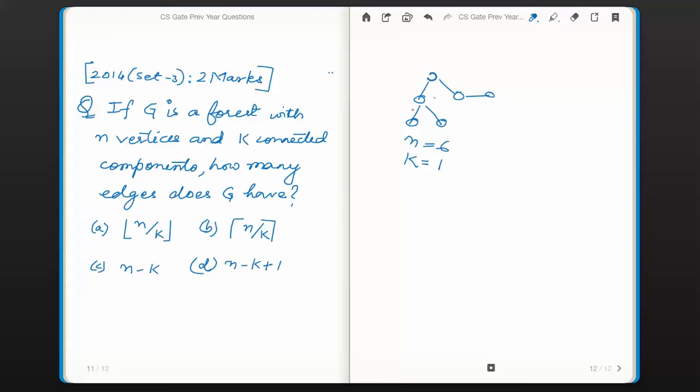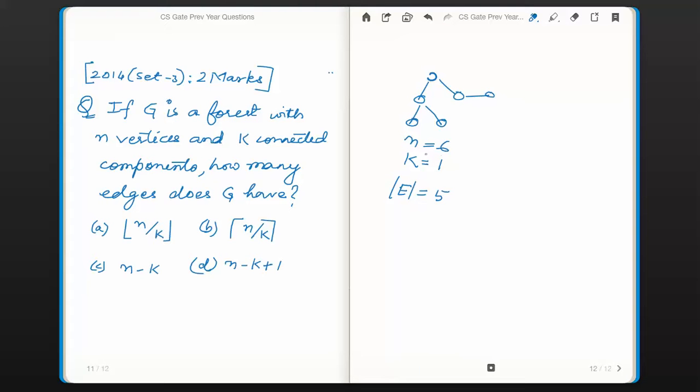And here the number of edges in this graph, as this is a tree, would be equal to n minus 1, that is 5. We can count: 1 2 3 4 5. So the number of edges is equal to 5.